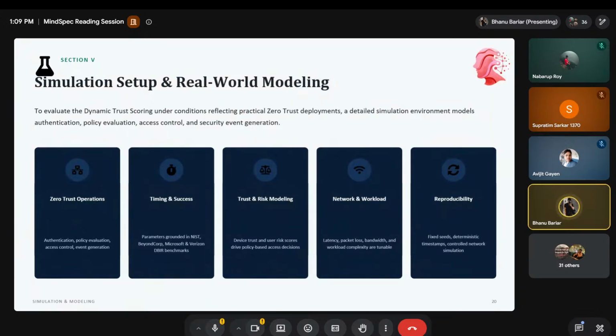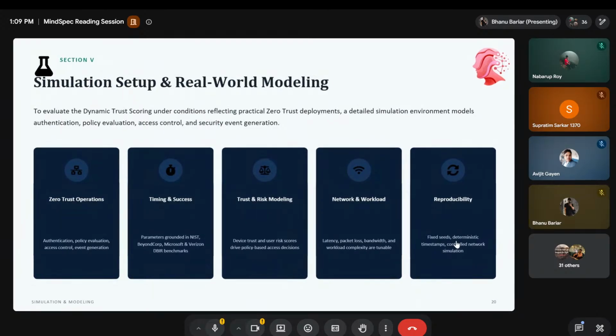Please just give me a minute. Any issue related to this?